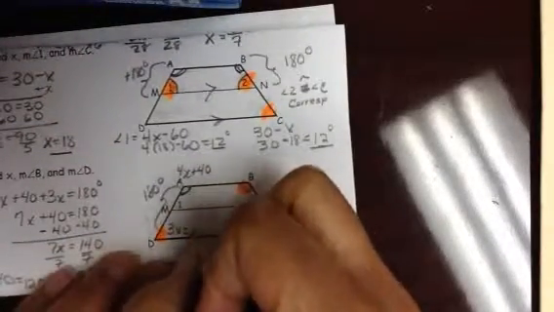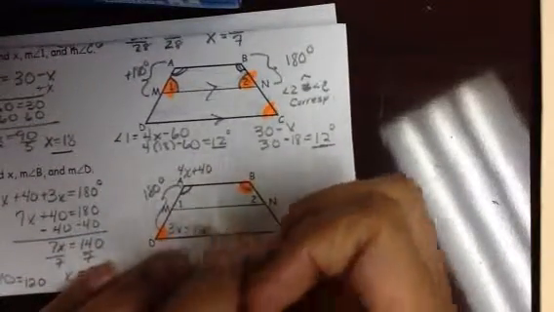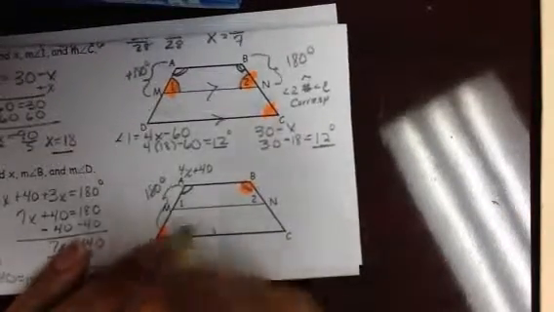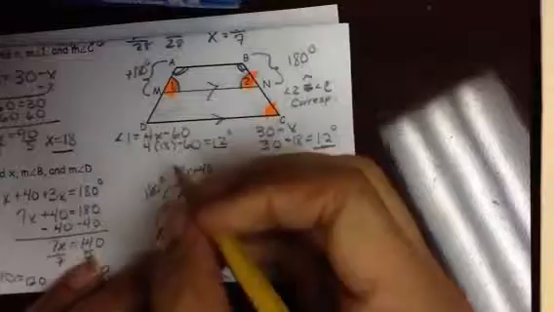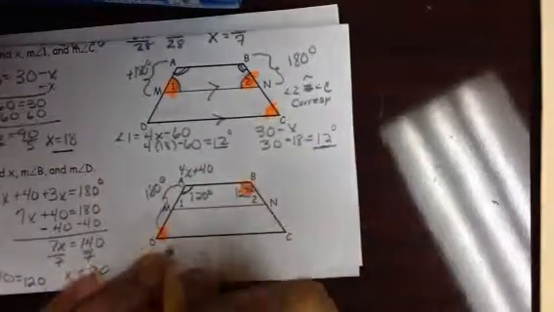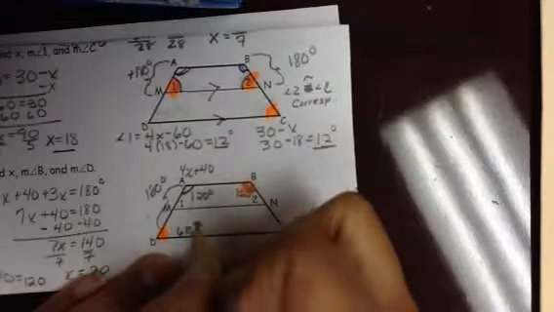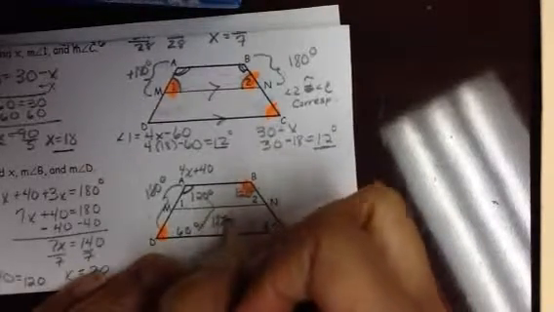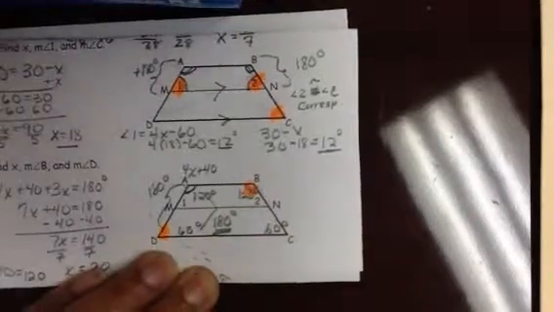This angle equals 120. I'm sorry. These two angles equal 120. And these two angles equal 60. And they add together to equal 180 degrees.